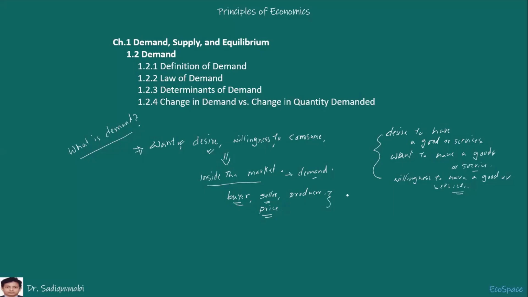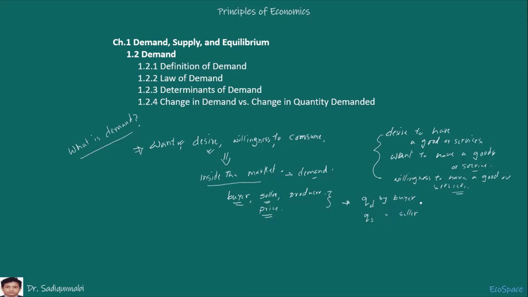Okay, so when there is a set price and buyers and sellers are there, then the demand is there. So for demand, we can say that quantity demanded by buyer and quantity sold, QD, quantity sold by a seller.